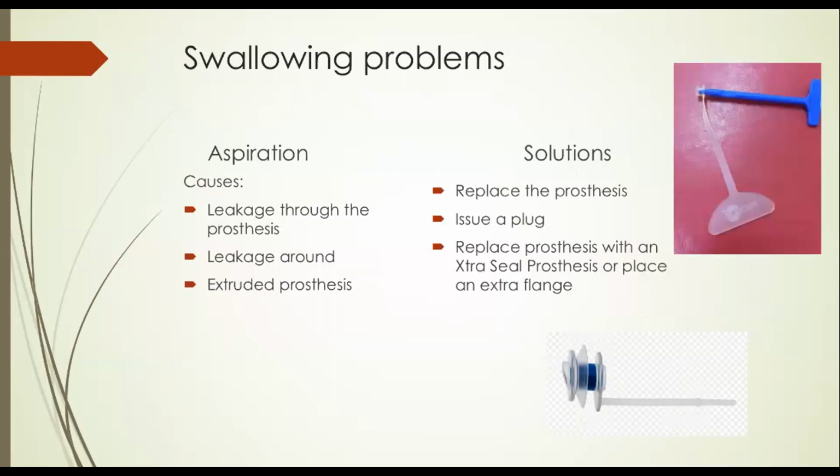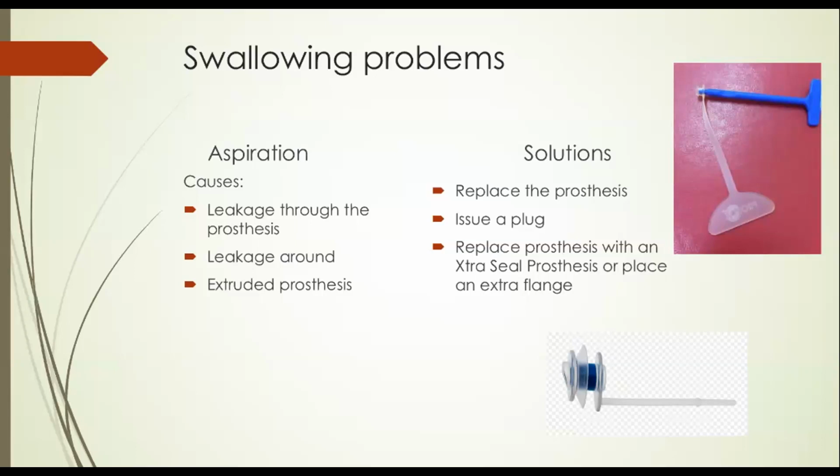The other swallowing problem, aspiration, is a big concern for us because we don't want our patients to land up with chest infections, pneumonias, needing to be admitted for treatment of that. So the cause of the aspiration is leakage through the prosthesis, or leakage around, or an extruded prosthesis. We have had patients come to us and they can't swallow, they're coughing. We look at them and the prosthesis is out and they haven't noticed.